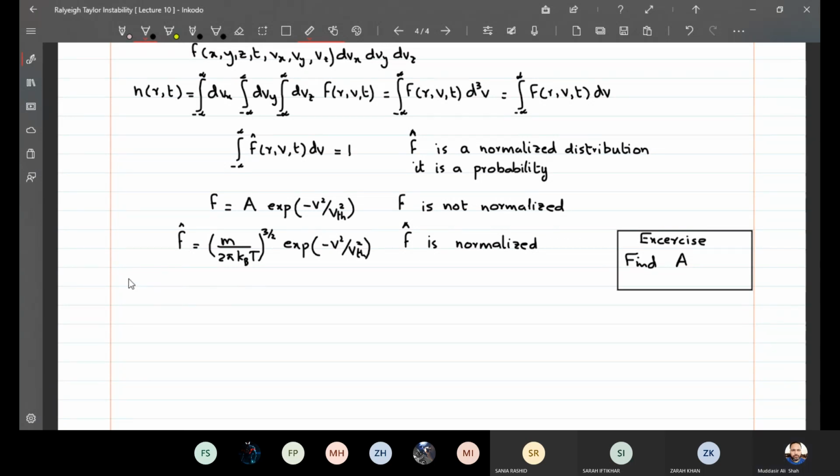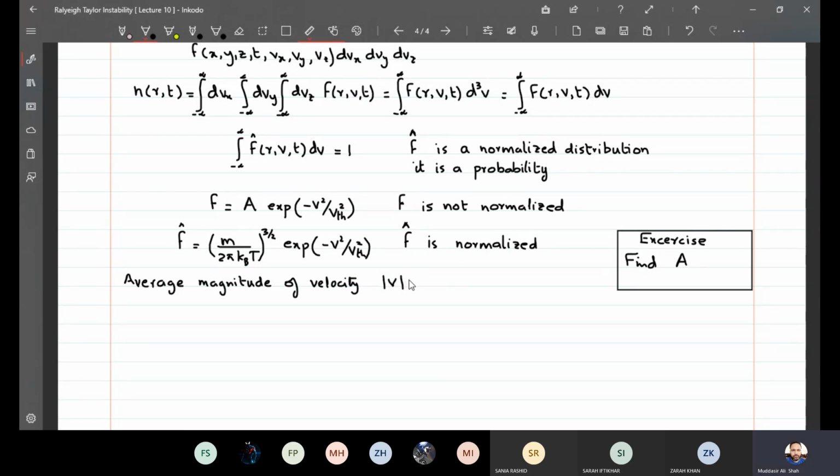Okay. Now, the average quantities we can define by using this distribution. Any quantity that you want to find out and its average value, you can do it by using this distribution. So the average magnitude of velocity we can find out.